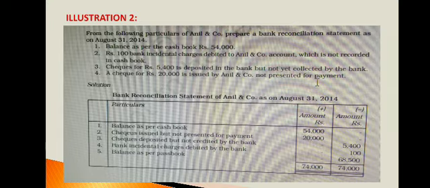Here the first one, rupees 100 bank incidental charges debited to Anil and Company account, which is not recorded in the cash book. The banker has charged 100 rupees as incidental charges and debited to the Anil and Company account, in the sense that it is deducted from the balance in the passbook.